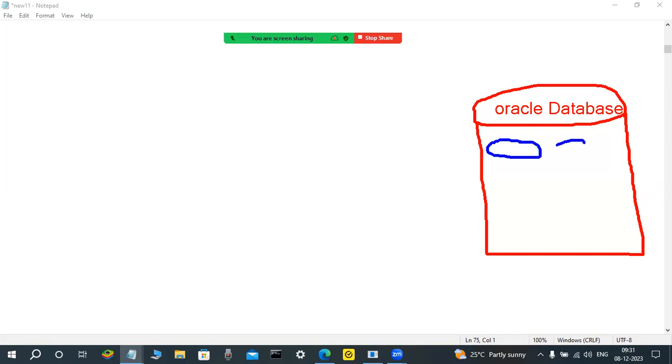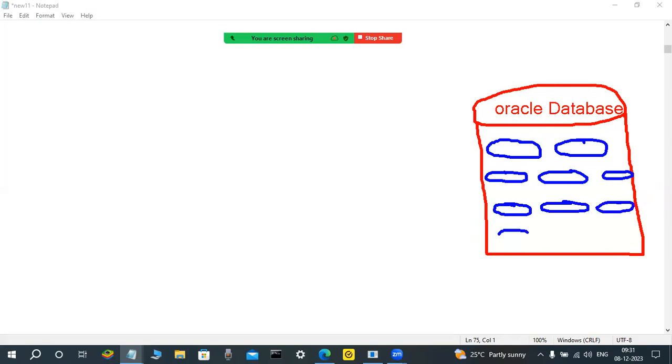Tables are there, synonyms are there, procedures are there, functions are there, triggers are there, packages are there, sequences are there, like this views are there, indexes are there. Okay, so now here again cursors are there, types are there, like this so many database objects are there.